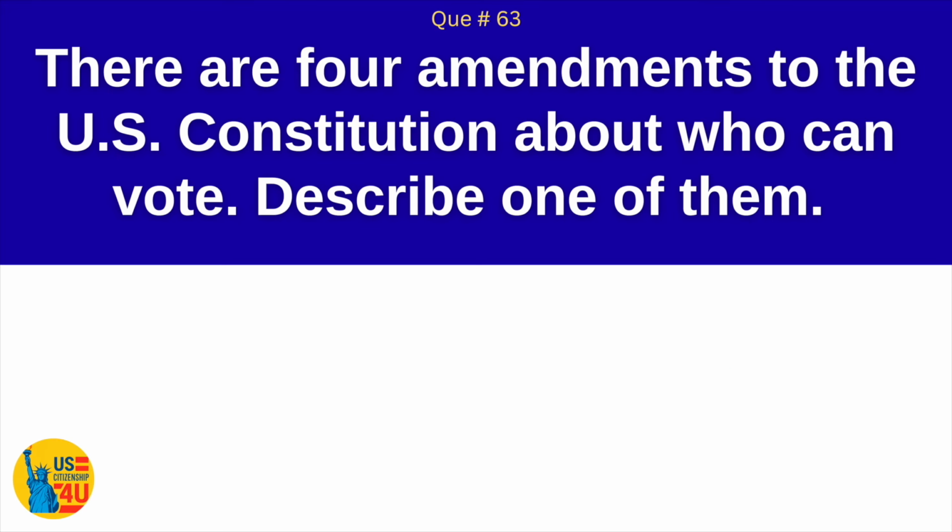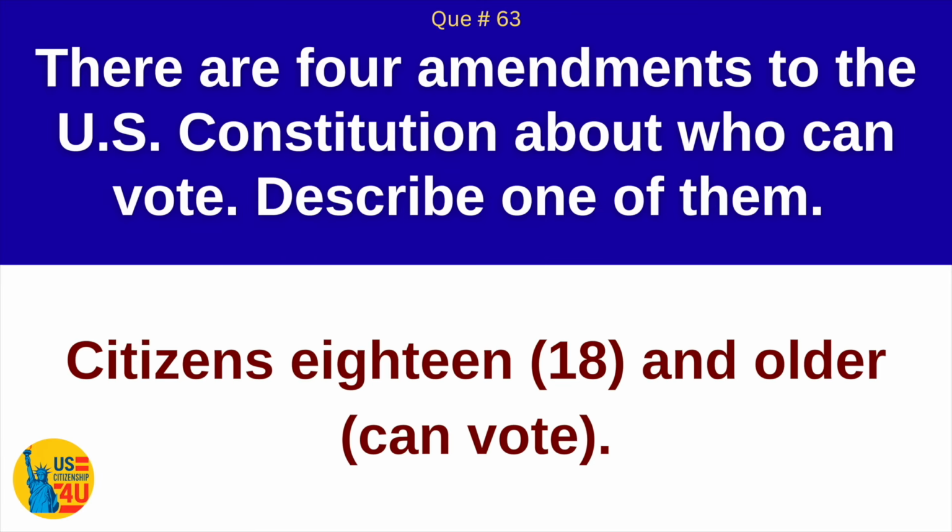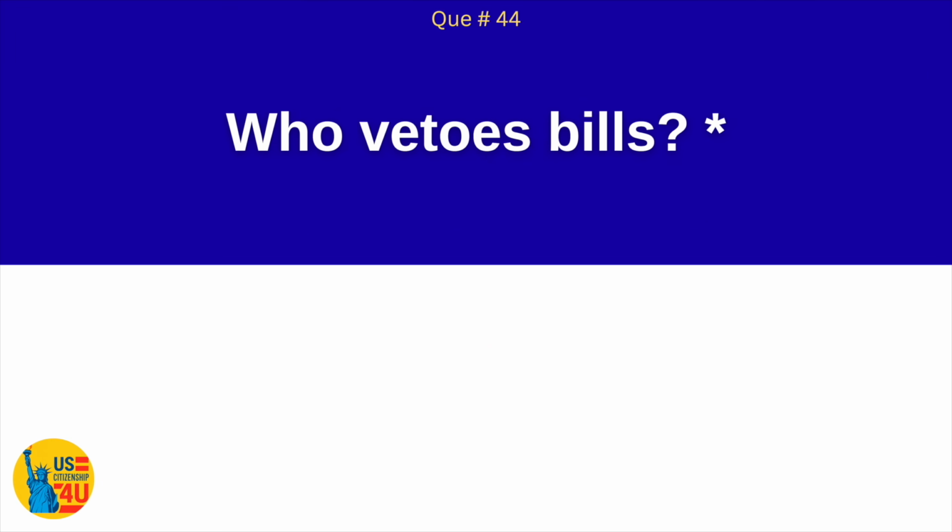There are 4 amendments to the U.S. Constitution about who can vote. Describe one of them. Citizens 18 and older can vote. Who vetoes bills?